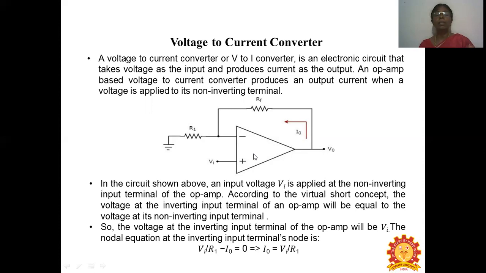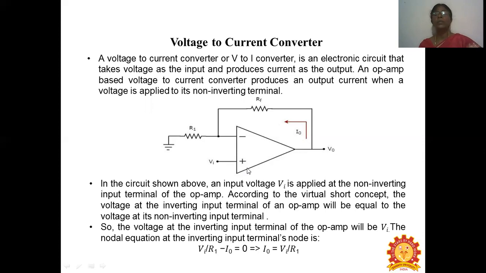When we are applying the input voltage to the non-inverting terminal of the circuit, this circuit produces the current as output. So in this circuit, a voltage VI is applied to the non-inverting terminal of the op-amp.